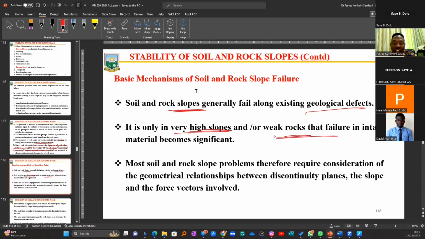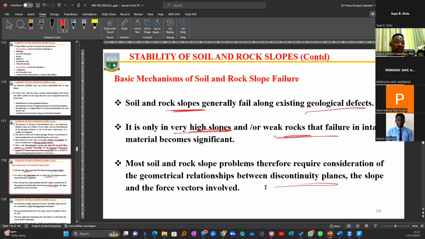So most soil and rock slope problems therefore require consideration of geometrical relationships between discontinuity planes, the slope, and the force vectors involved. So we are looking at these geometrical planes. At what angle or what phase is the failure occurring? These are things we need to know and understand.